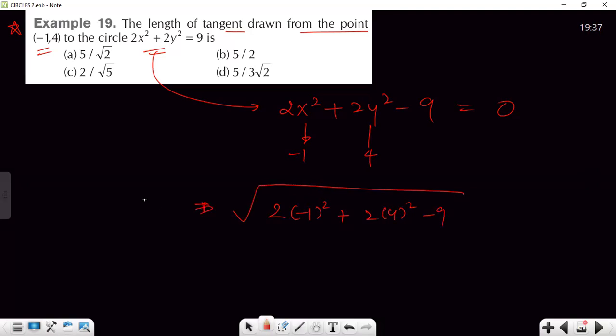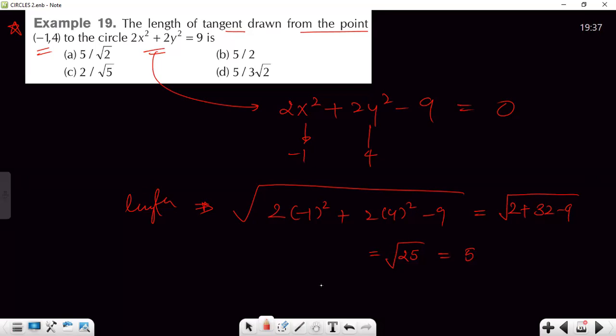This will be the answer. So this becomes 2 plus 4 square, 16 into 32 minus 19 minus 9. 34 minus 9 becomes 25, I guess. Square root of 25 becomes 5. So this becomes the length.